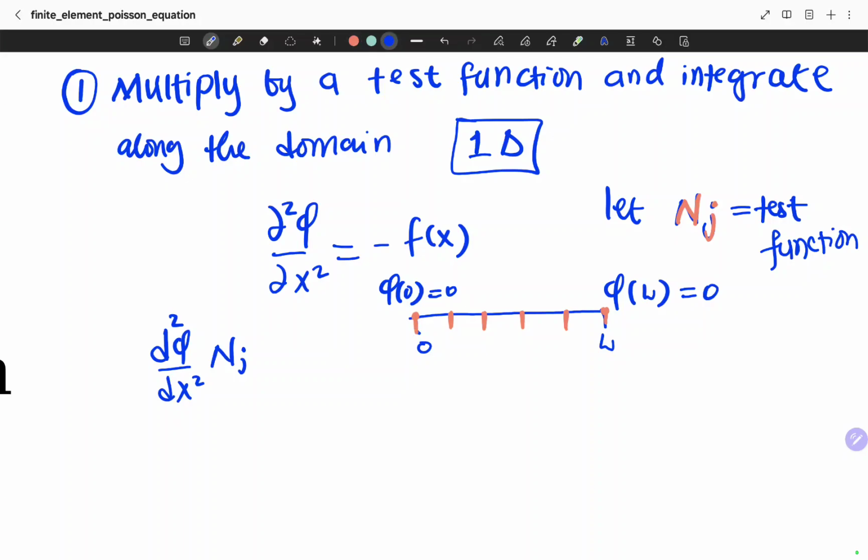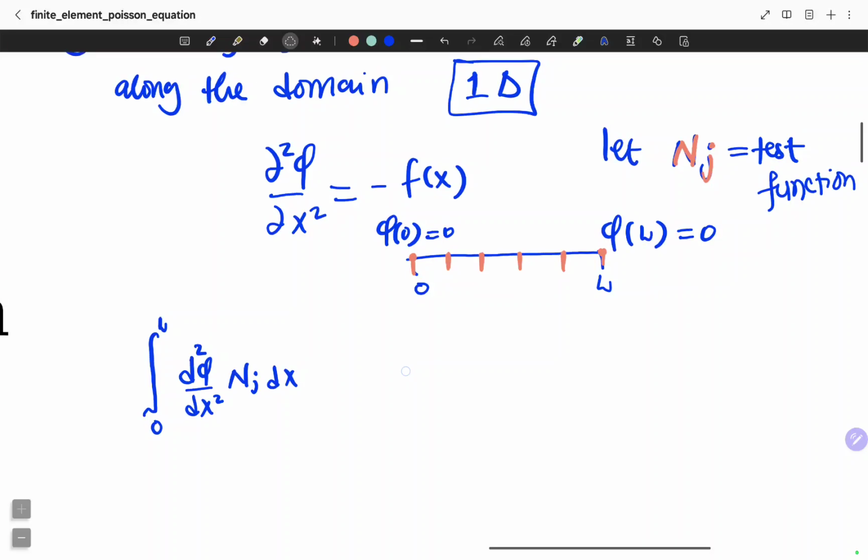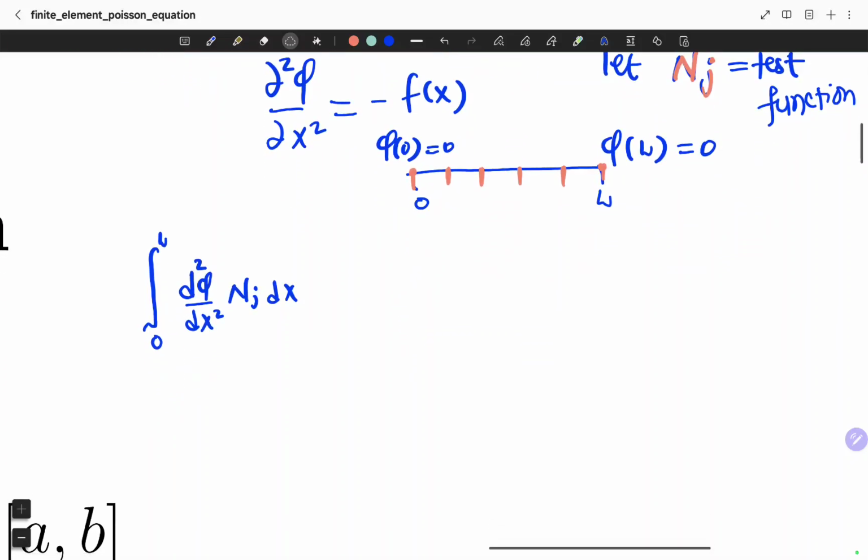So for now we integrate from 0 to L dx. You are integrating both sides. So equals minus integral from 0 to L f of x.